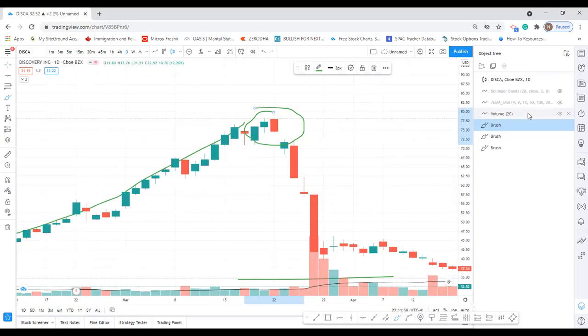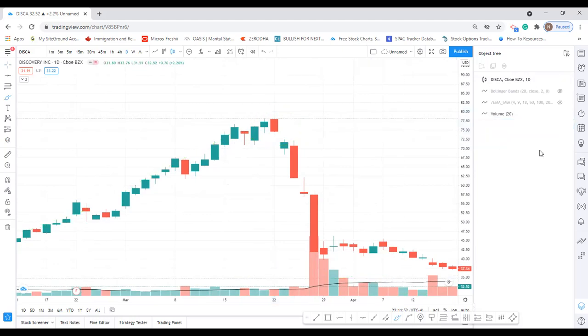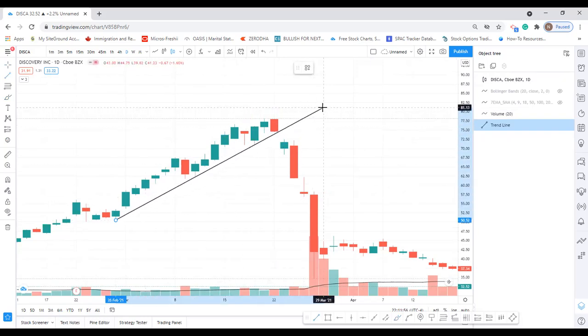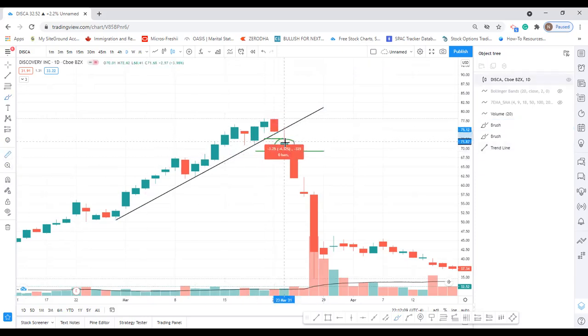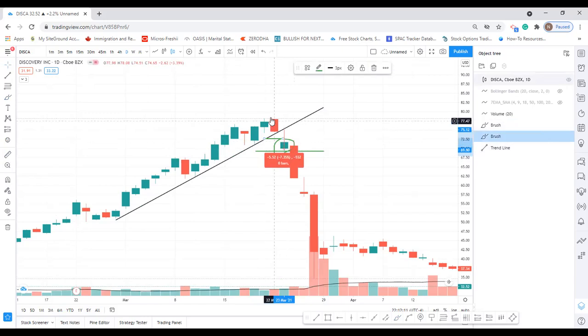And if you know charting, if you see this trend line, if the price falls up to here, you should have gotten out at that time, because this was the warning for you. The price already fell 7% after the bearish engulfing. 7% after the bearish engulfing. That means you need to get out.